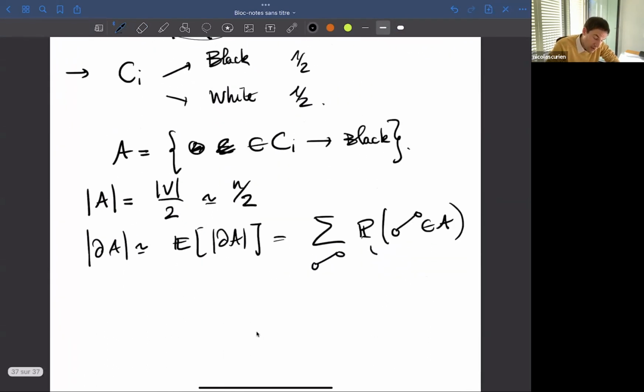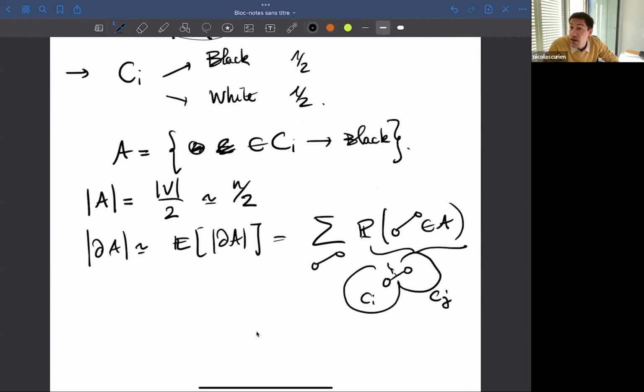Okay, we already computed that, right? Because if you have an edge and you want it to be bichromatic, you want this one to fall in some packet Ci, that one to fall in some packet Cj, and the colors of the packets should disagree, so black-white or white-black. This probability is 1/4 for white-black plus 1/4 for black-white, which is 1/2. But we're doing the same calculation, right?